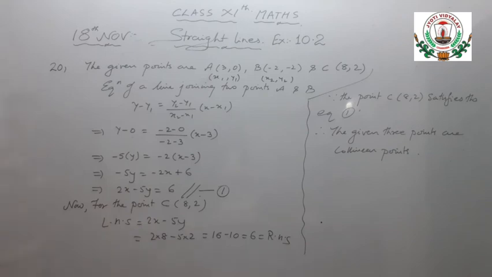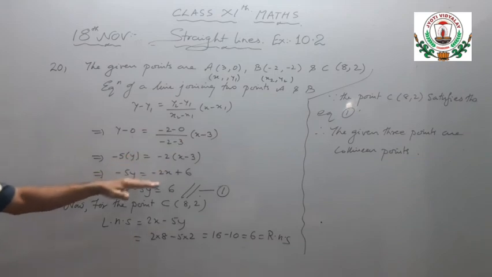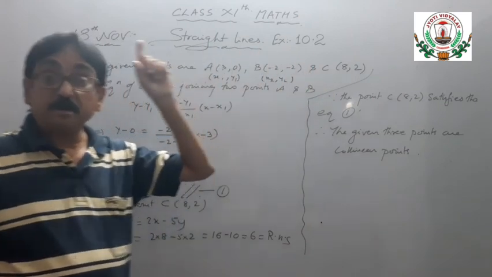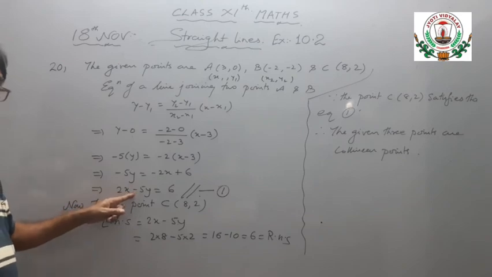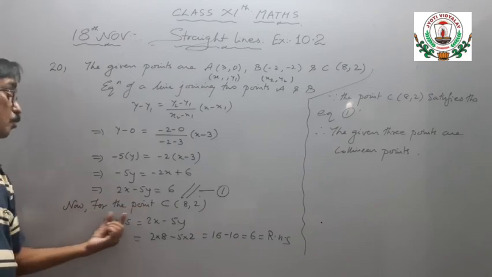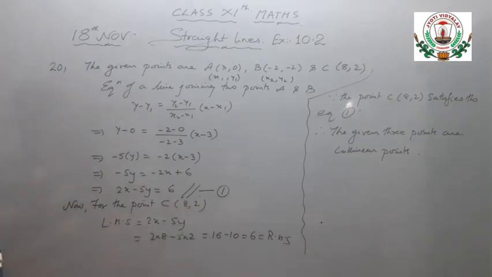So with the help of the 2 points A and B, we obtained the equation of the line AB. If the third point C (8, 2) is lying on this line, then it will satisfy this equation. So let us check it. For the point C, the value of x is 8 and the value of y is 2.